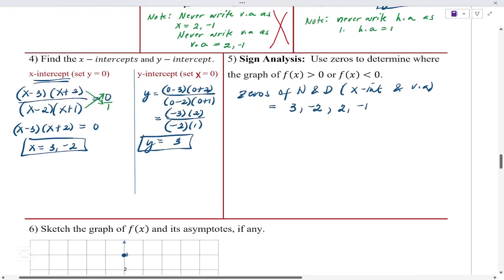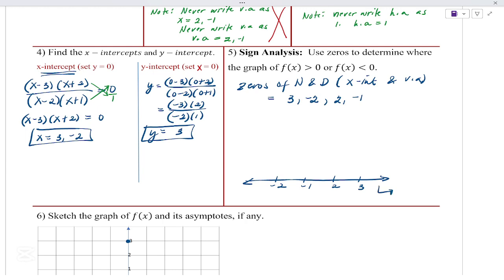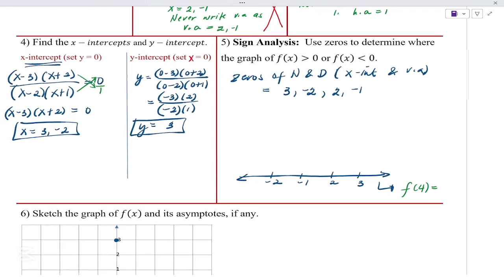Let us draw this on a real number line. The lowest number is negative 2, then negative 1, then positive 2, and then 3. Then we can find the sign using f of 4.